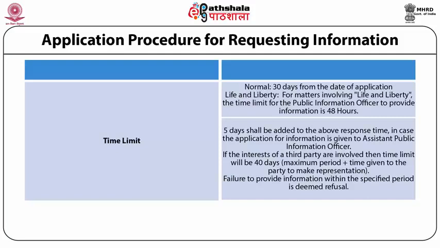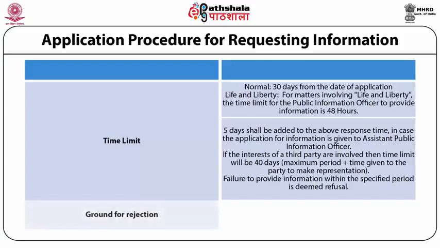If the interests of a third party are involved, then the time limit will be 40 days maximum period plus time given to the party to make representation. Failure to provide information within the specified time period is deemed refusal.